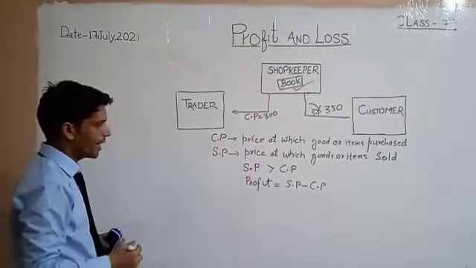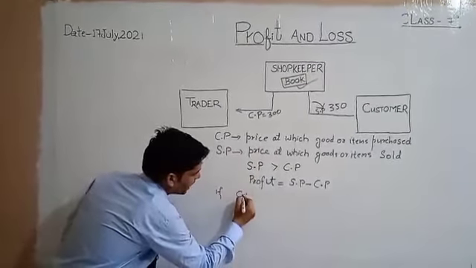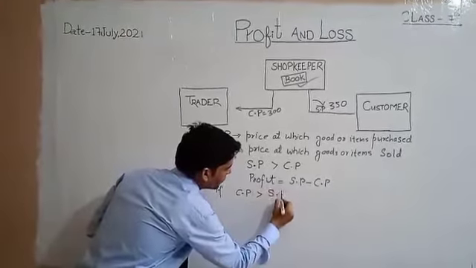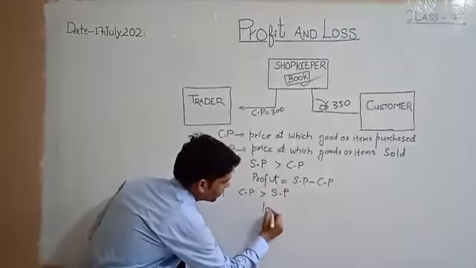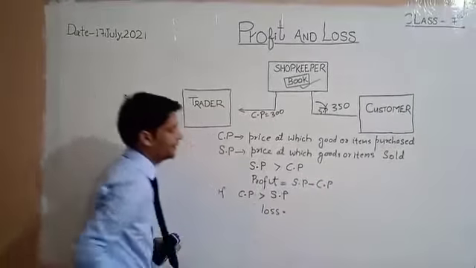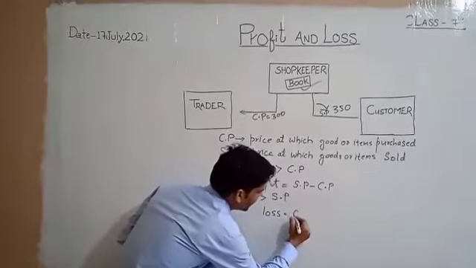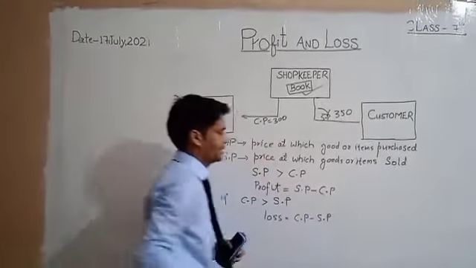And if your cost price is greater than selling price, what happens? Loss. How is the loss calculated? Loss is calculated as cost price minus selling price.